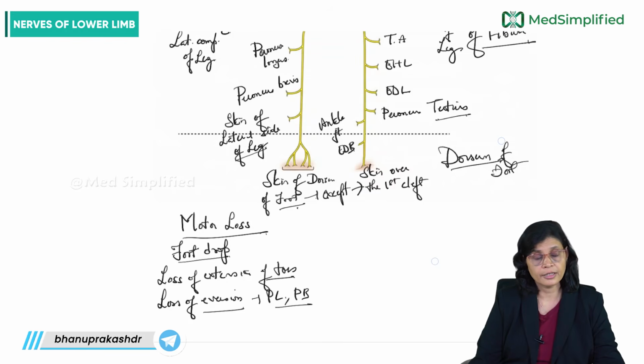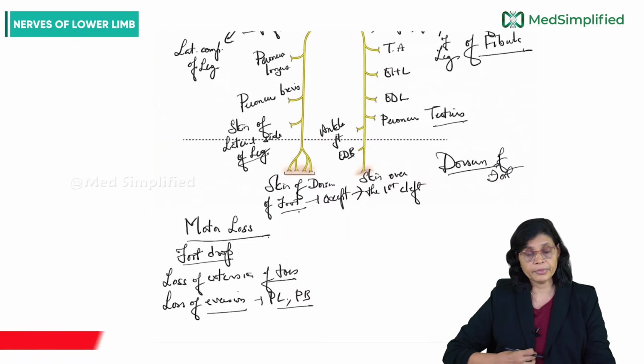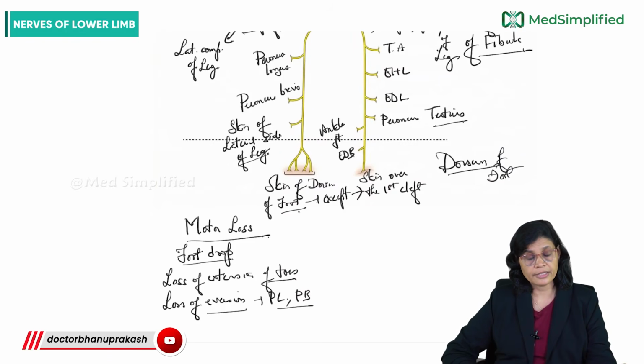Whereas if the deep branch is involved, then we see the cutaneous loss at the first interdigital cleft. Here we have to remember that the areas supplied by the saphenous and the sural nerve are spared.